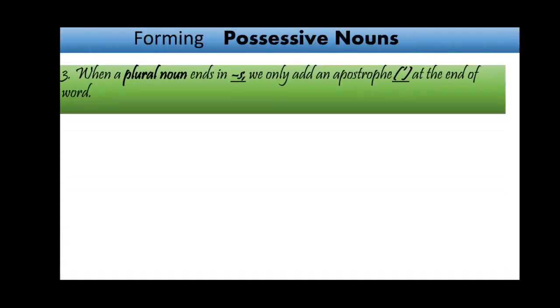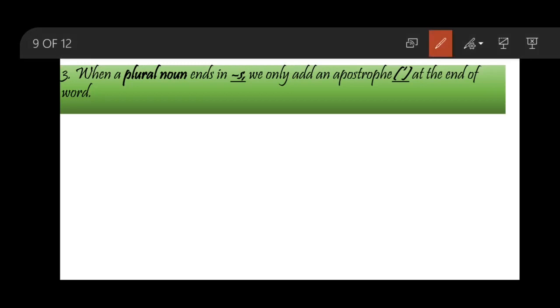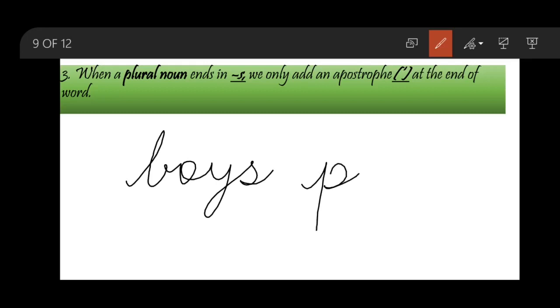So here we come to the third point. Let's have a look at what they are going to say. Suppose there is a plural noun and it is ending with s. Then we only add an apostrophe at the end of the word. You need to remember, if I have a plural noun, boys, and suppose I want to show the possession that boys have the pens.